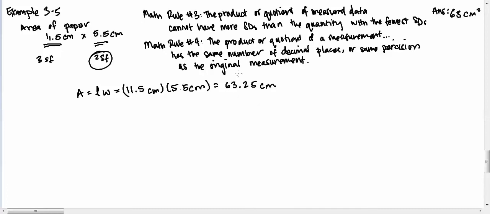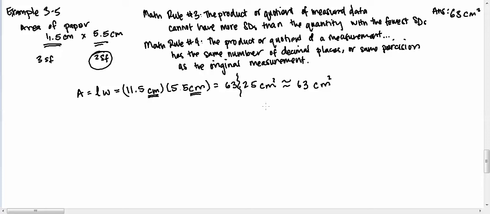So I need to round it off up to this point over here, so my 63.25 is actually just 63 centimeters as what I would report. I'm sorry, it would actually be centimeters squared, because I multiplied the units of centimeters and got centimeters squared.